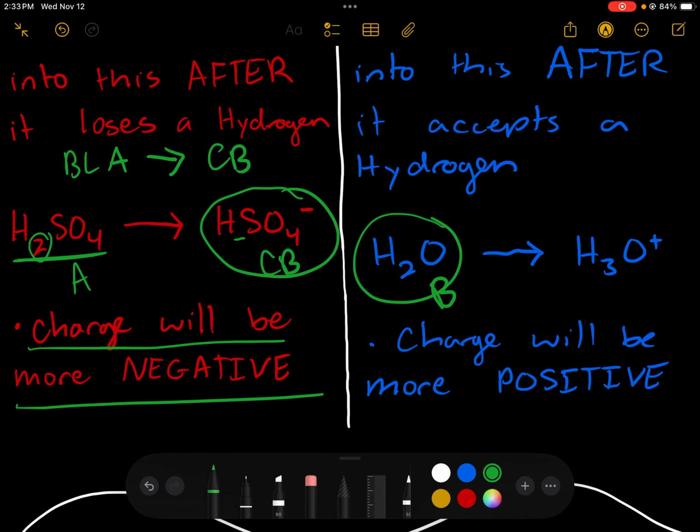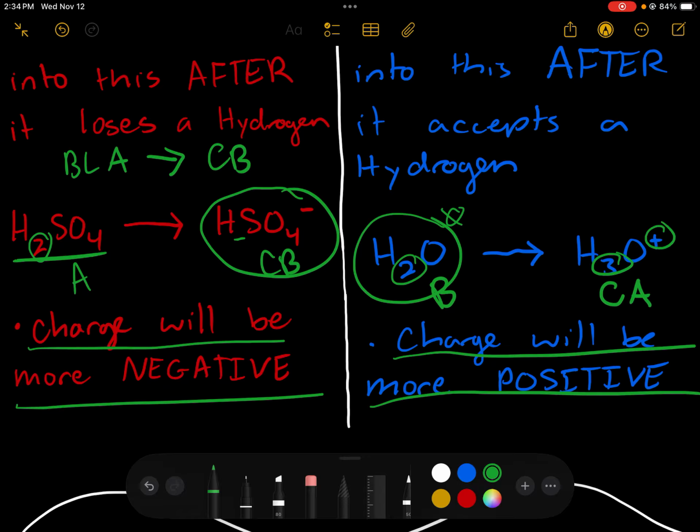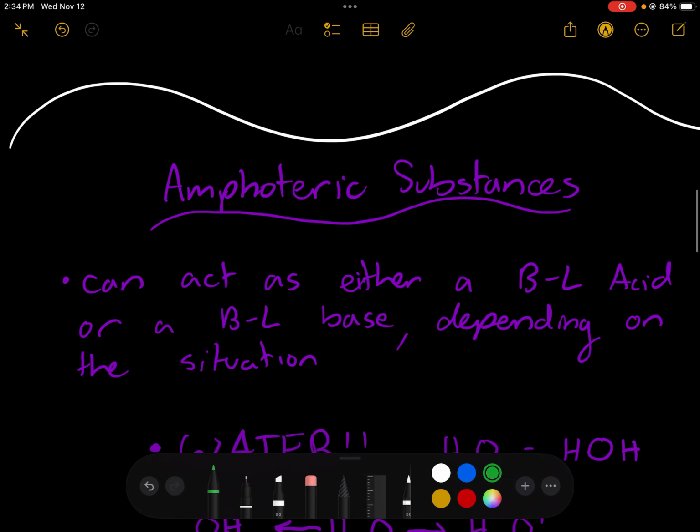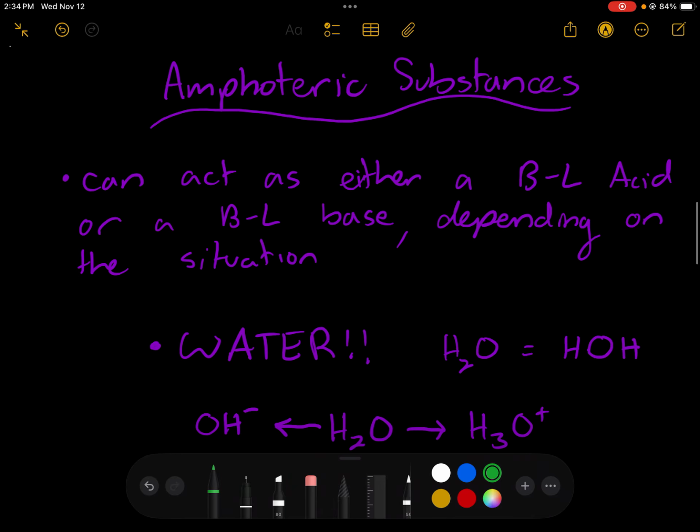And then once it's accepted that extra hydrogen, we can see the 2 turning into a 3, it's turned into a conjugate acid. And you'll notice that when you see these, their charge is going to be more positive than the original base was. So we can see that this one had a neutral charge, whereas H3O+ has a positive charge.